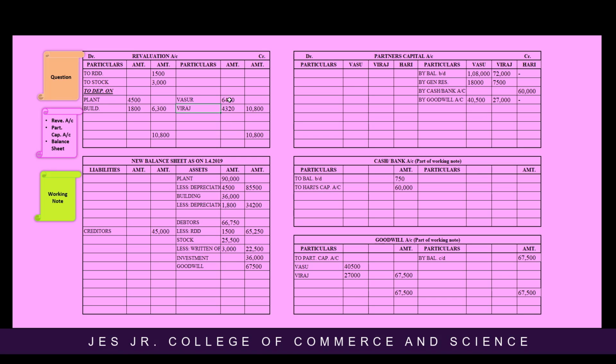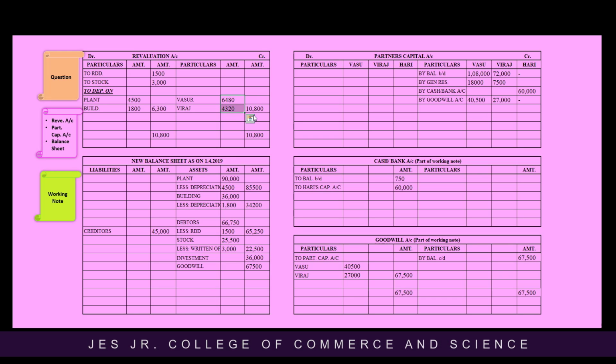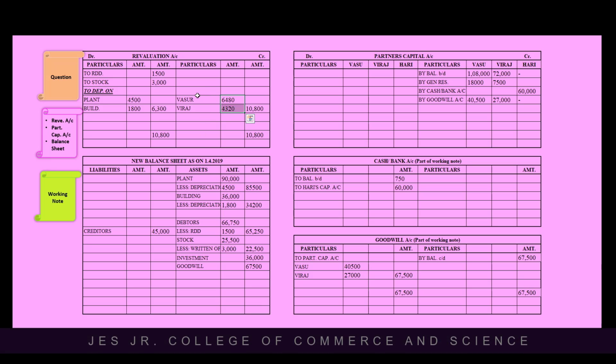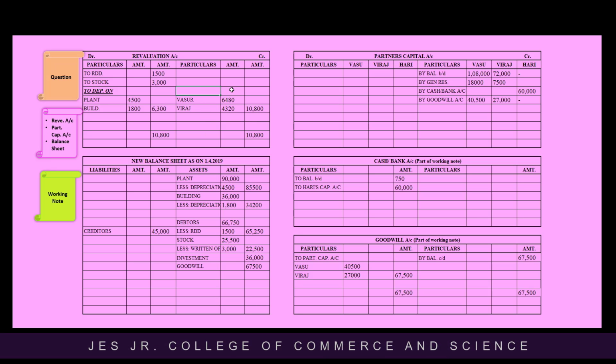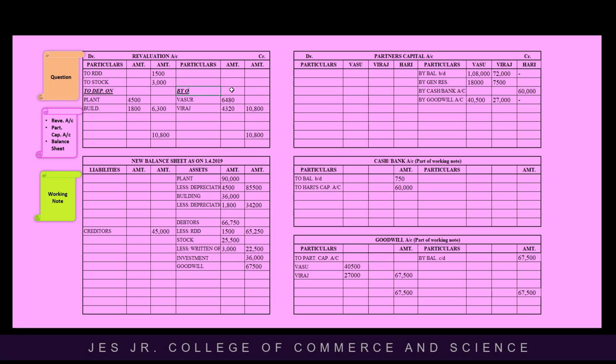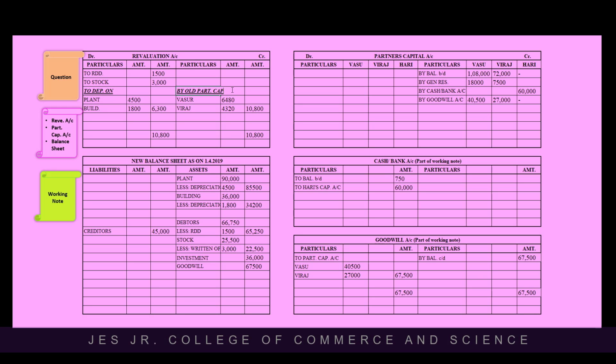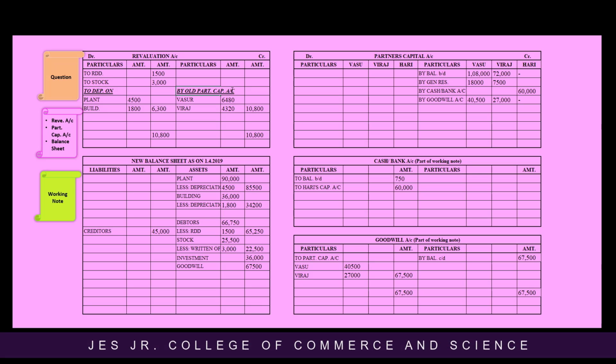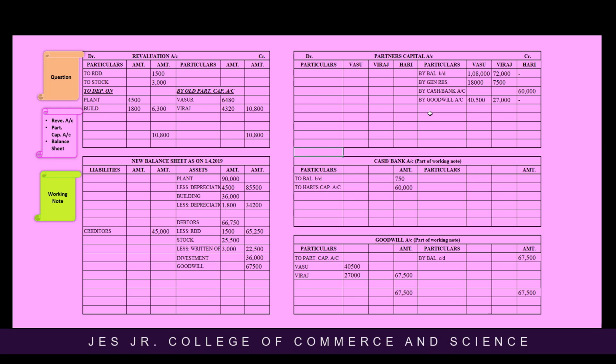This much. We should have total of this to 10,800. Yes, we are getting this. And here you will be writing by ओल्ड पार्टनर्स कैपिटल अकाउंट. ओल्ड वर्ड नहीं लिखेंगे तो भी चलेगा.